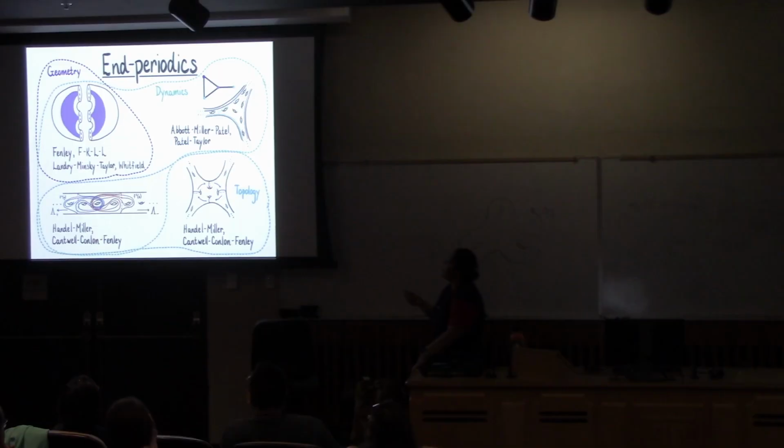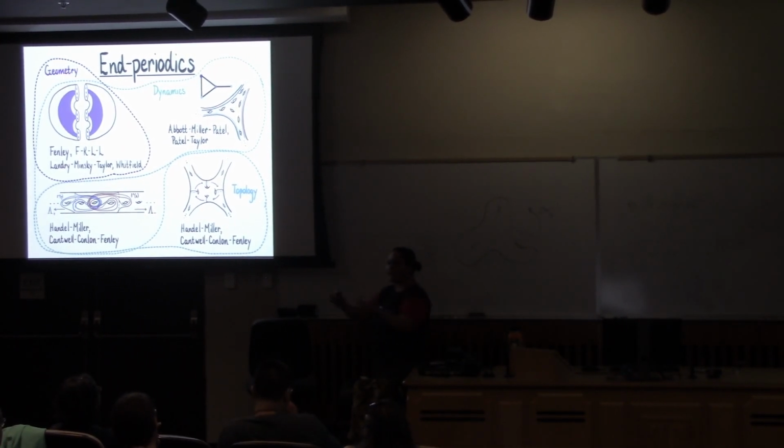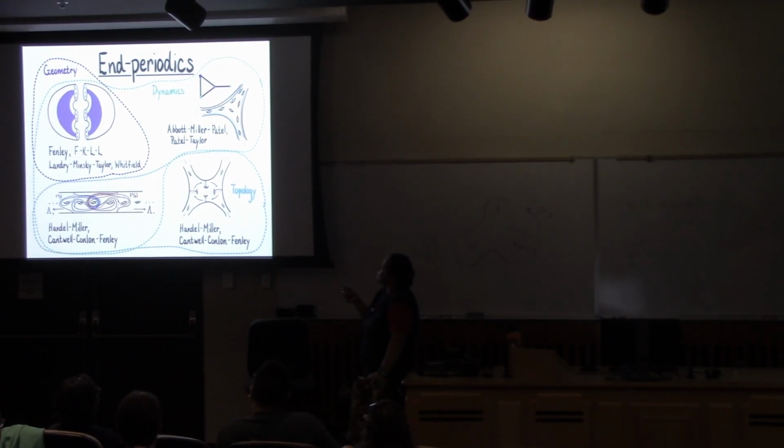So there's the same type of dynamics as we have in the finite type setting of looking at some loxodromic action on a graph. There's work of Abbott, Miller, Patel, and Patel-Taylor on this for n-periodic homeomorphisms. There's lots of dynamics happening here. In order to understand the lamination theory, you look at the dynamics on the universal cover.